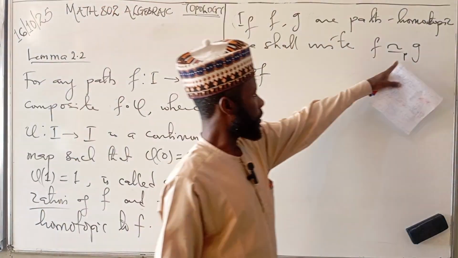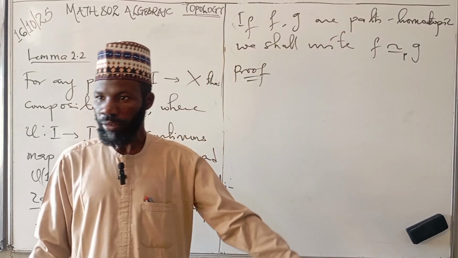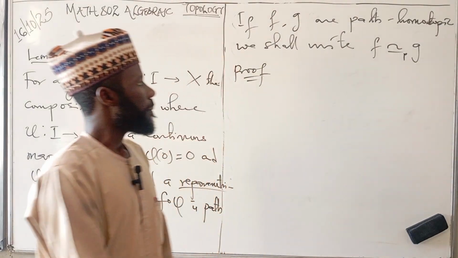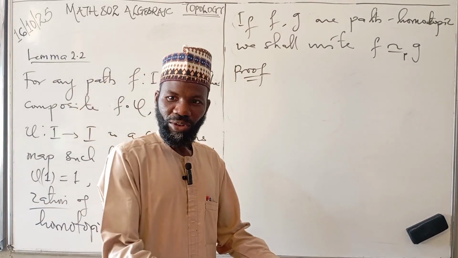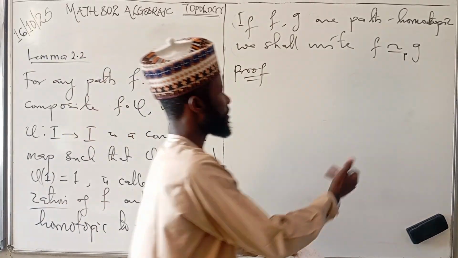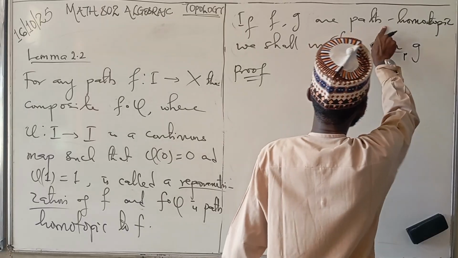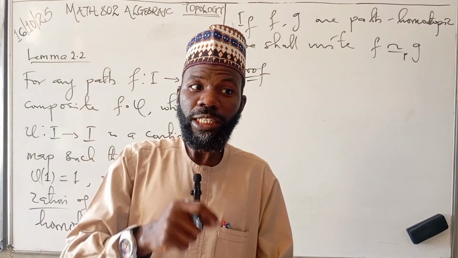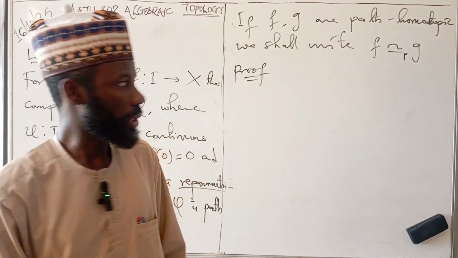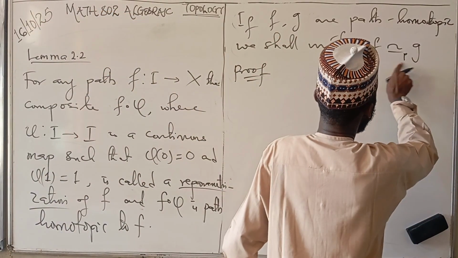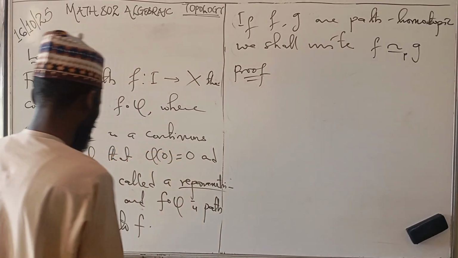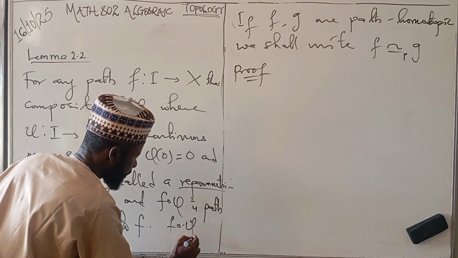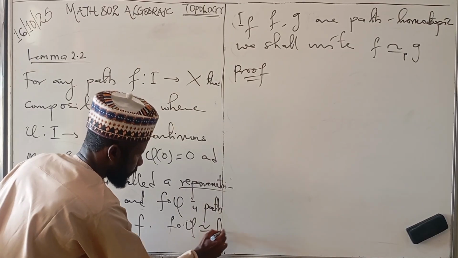Without the p was our notation from the last lecture, just being homotopic as functions, continuous maps. But if you want them to be path homotopic, path homotopy has an extra condition that the homotopy must be relative to the endpoints. So that is why we put an extra piece. So I can say here f composed with phi is path homotopic to f.